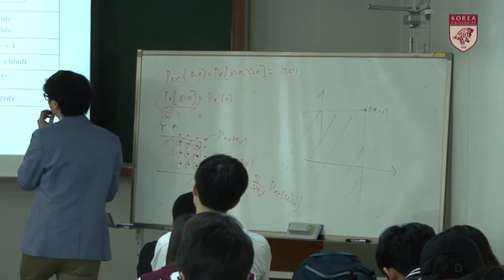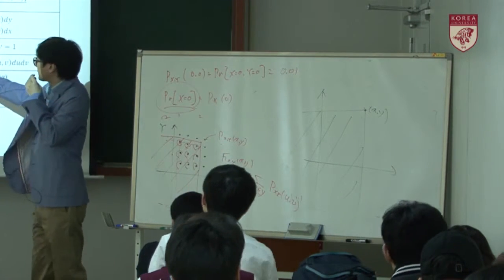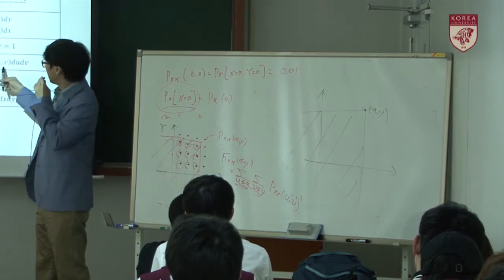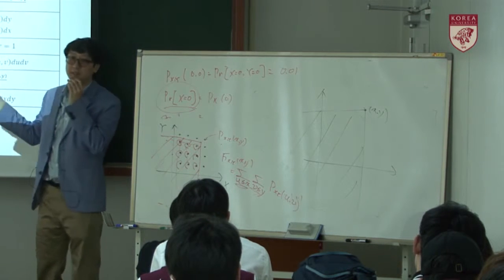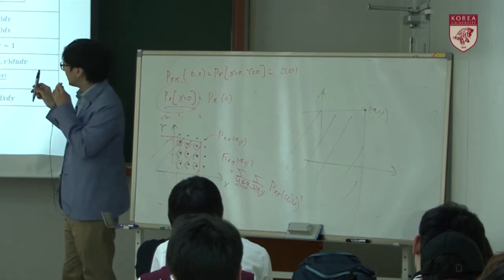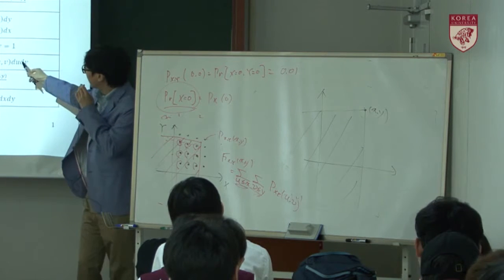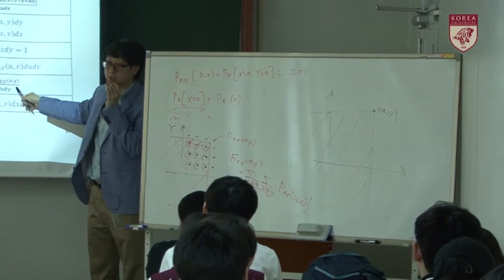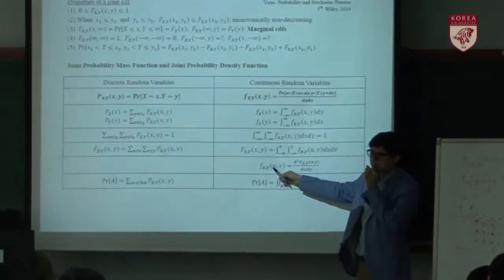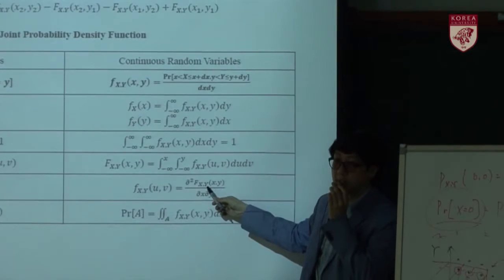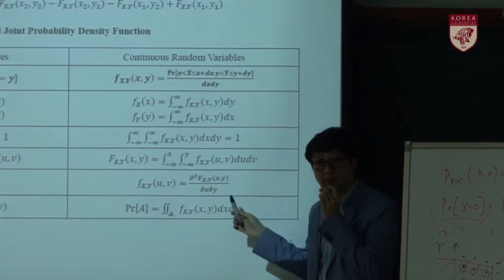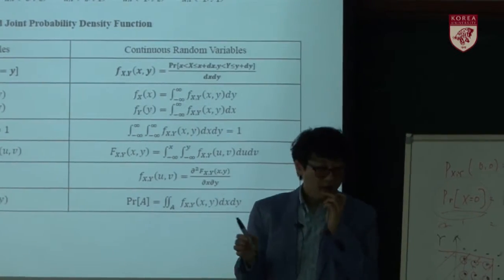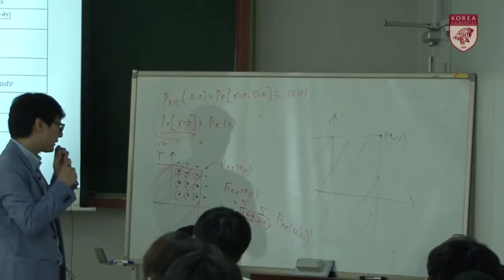So that is integrating from minus infinity to x and integrating from minus infinity to y. Then you integrate all of the density, and it becomes the CDF. Then the inverse of this relation is differentiation. So the PDF is calculated from the CDF by differentiating with respect to the two variables. All right.